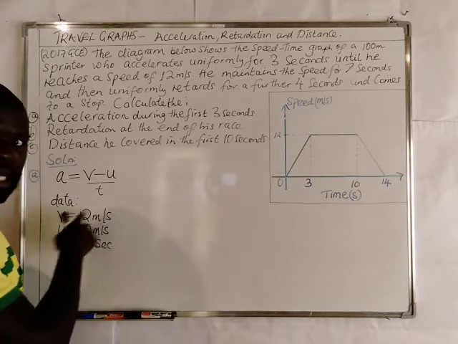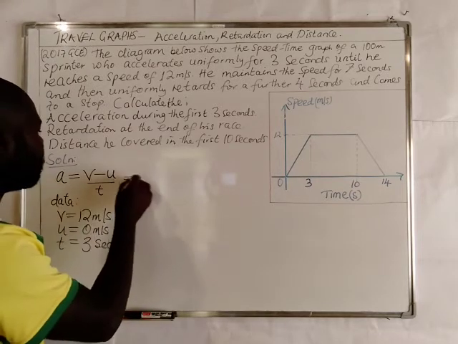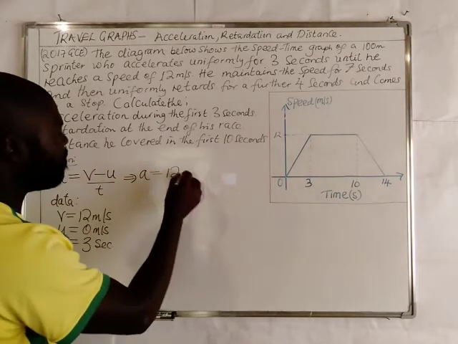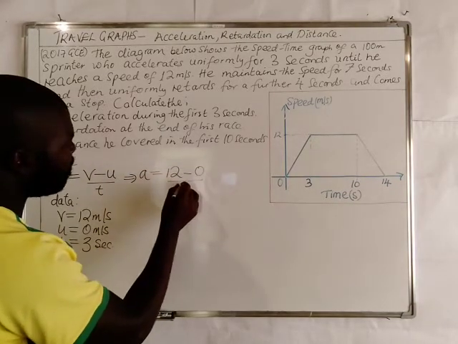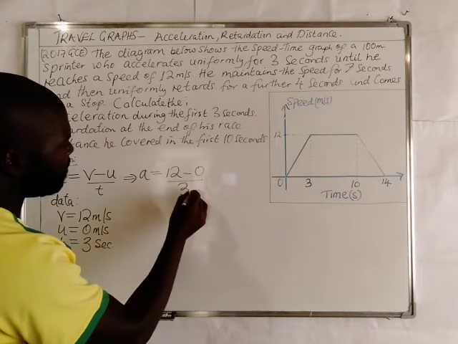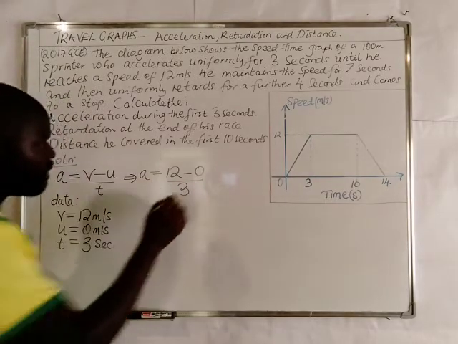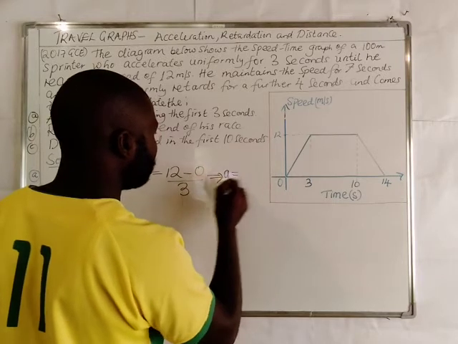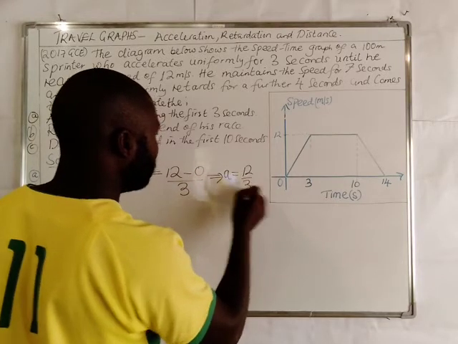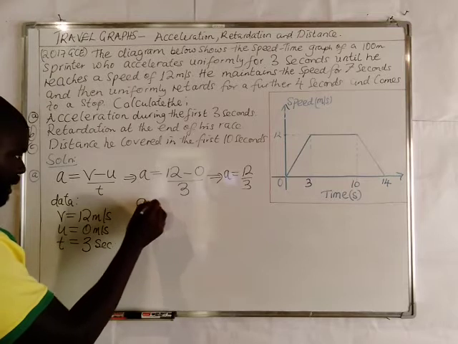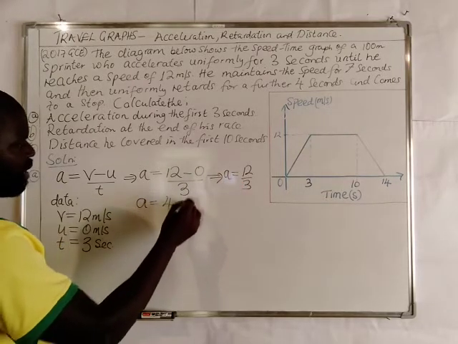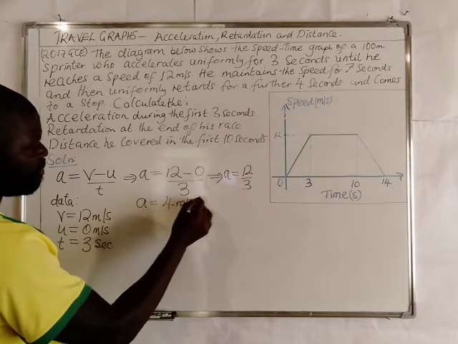Putting this data in our formula, we have our acceleration, our final is 12 minus our initial 0, over our time as 3 seconds, which gives us our A as 12 over 3. So finally, our acceleration is 12 divided by 3, which gives us 4 meters per second squared.